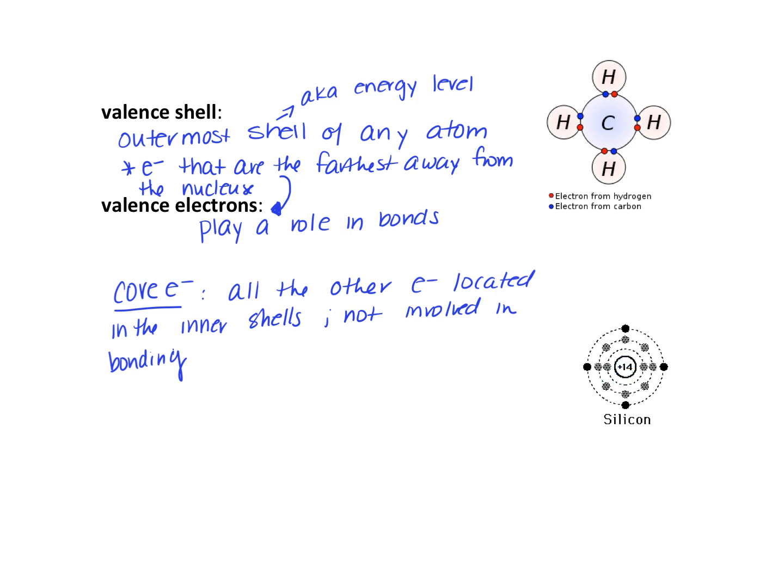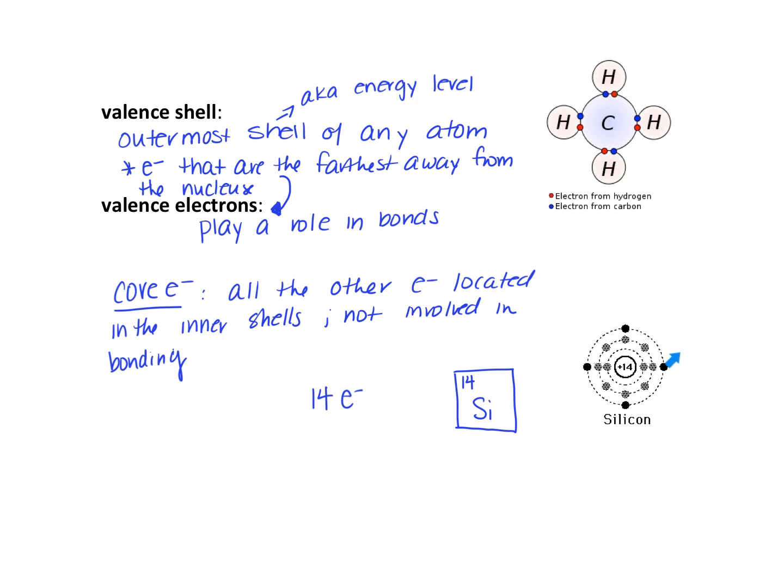So if we look at silicon, and we go to our friendly periodic table, we're going to see that silicon is the 14th element. So silicon has 14 electrons, and they're arranged, so here's the nucleus, and they're arranged in these levels that Bohr described around the nucleus, where we have 4 in the outermost shell. 1, 2, 3, 4.